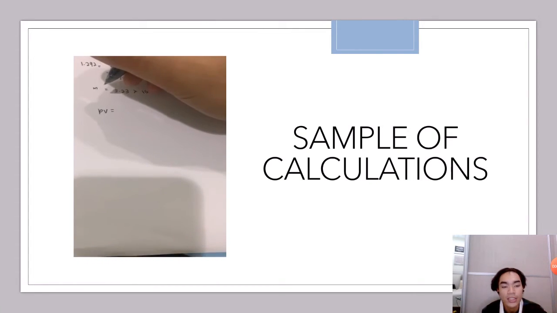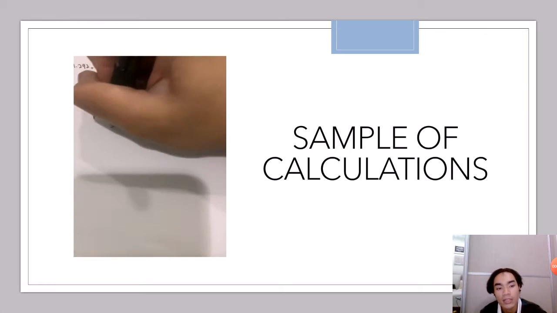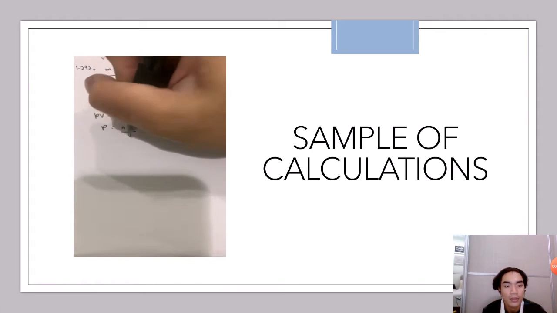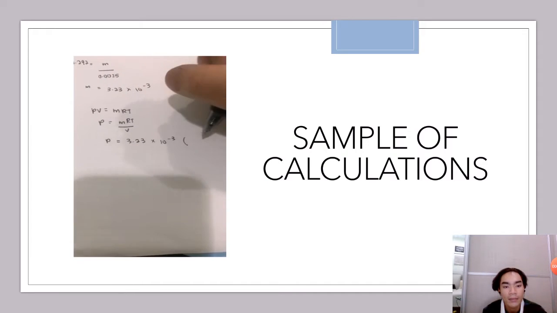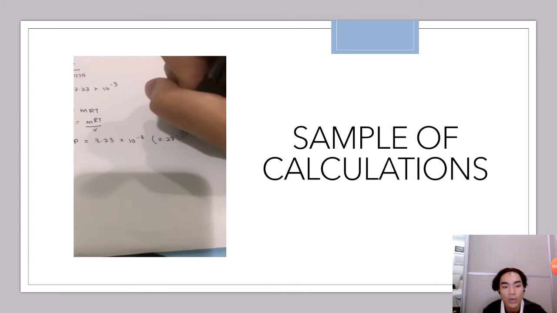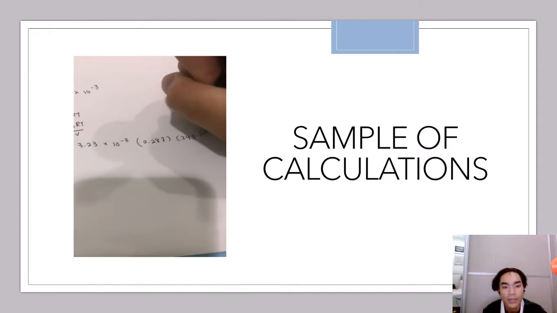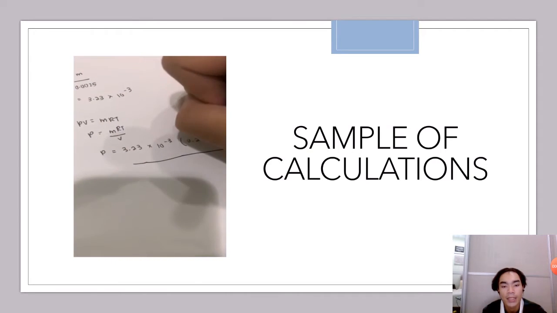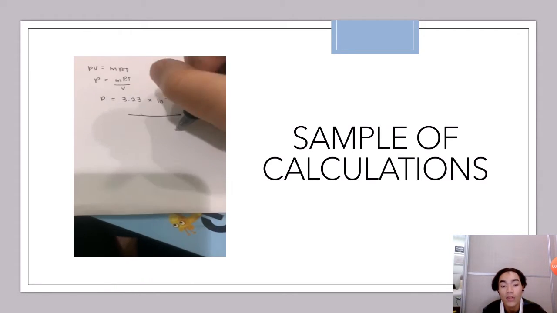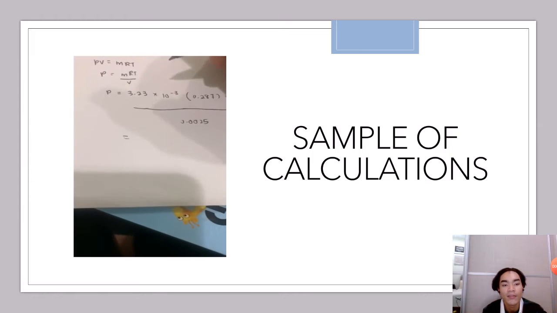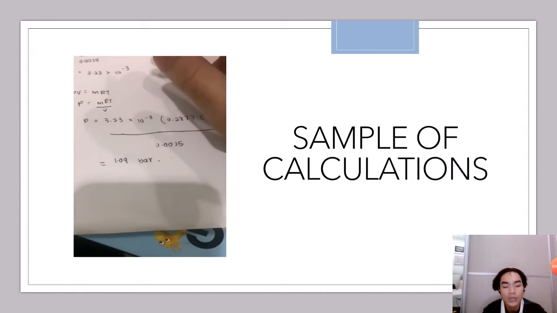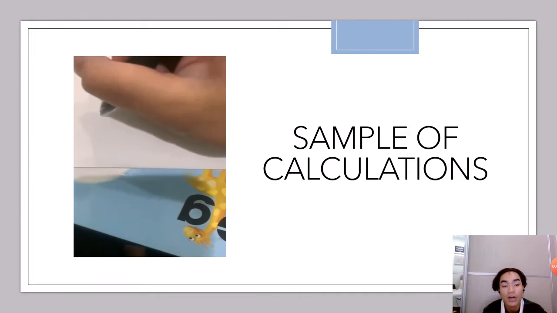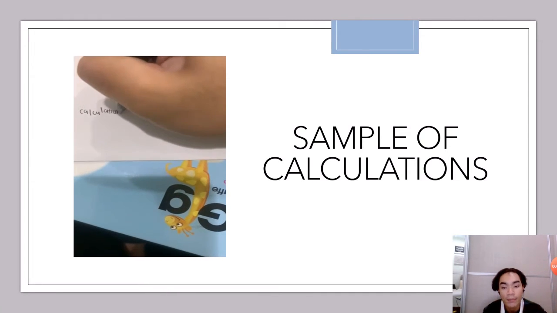Then I substitute into the equation PV equals MRT, which equals 3.23 times R, which is 0.287, times T, temperature, which has been converted to Kelvin, and divided by the volume. The initial pressure is 1.09 bar.